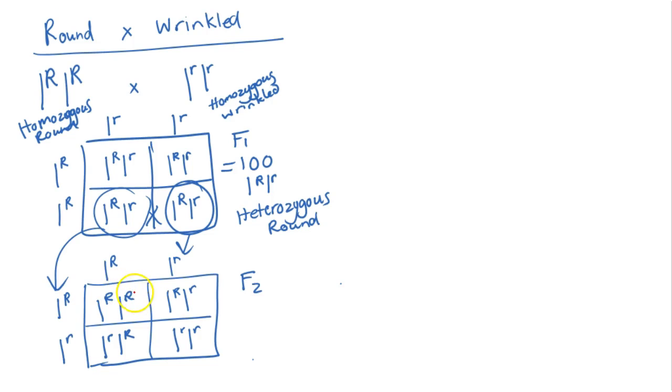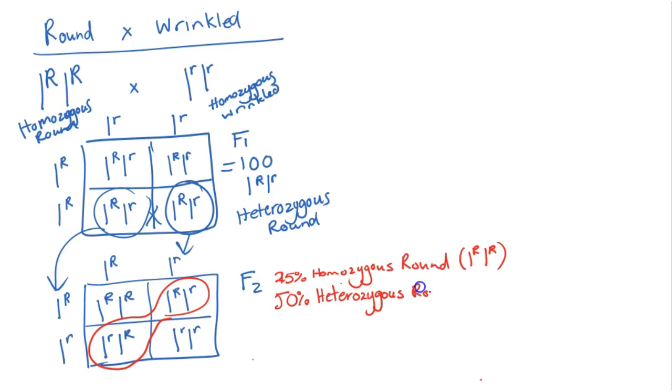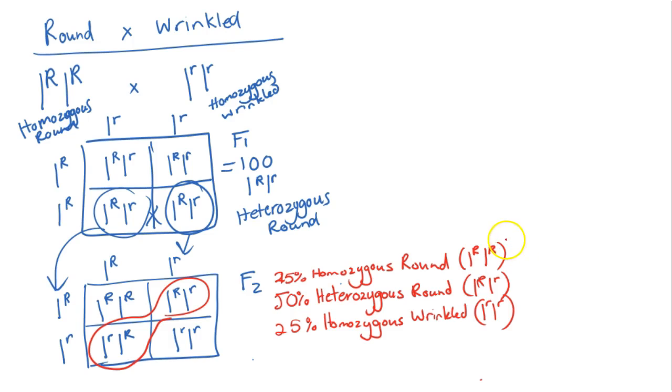We have one homozygous round, one homozygous wrinkled, and two heterozygous round. Just like that. And these guys here would only show up as round. So that means our round was 75%, and these guys here showed up as wrinkled.